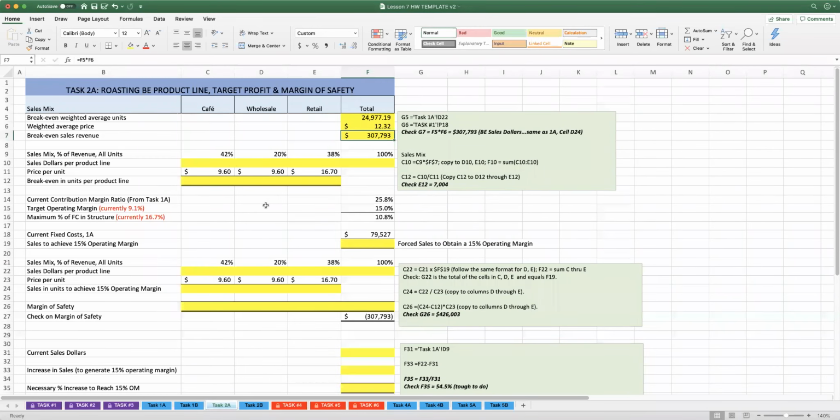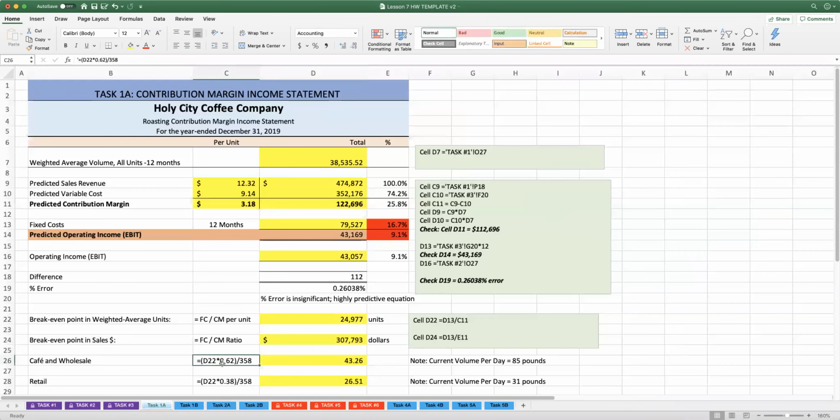Okay, now what I want to do is break it into these 3 areas: the cafe, the wholesale, and the retail. The cafe was 42, the wholesale was 20%, so that's a total of 62%, which is what we did back here. And then the retail is 38.